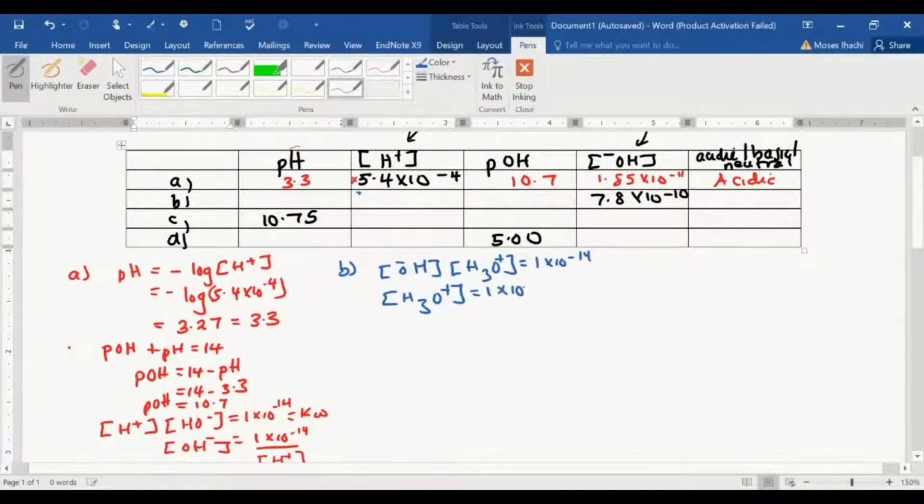So it will be 1 exponent minus 14 divided by the concentration of the base, which on part B is 7.8 exponent minus 10.